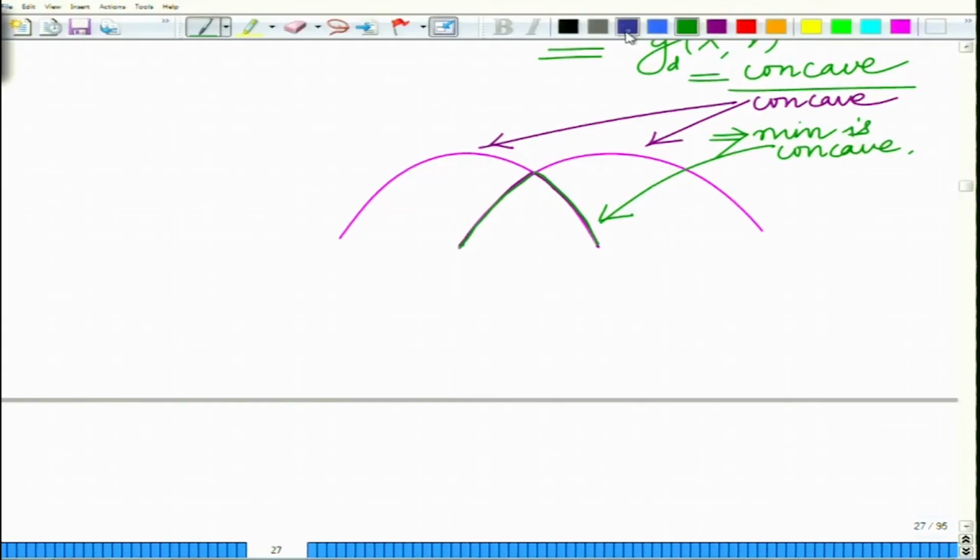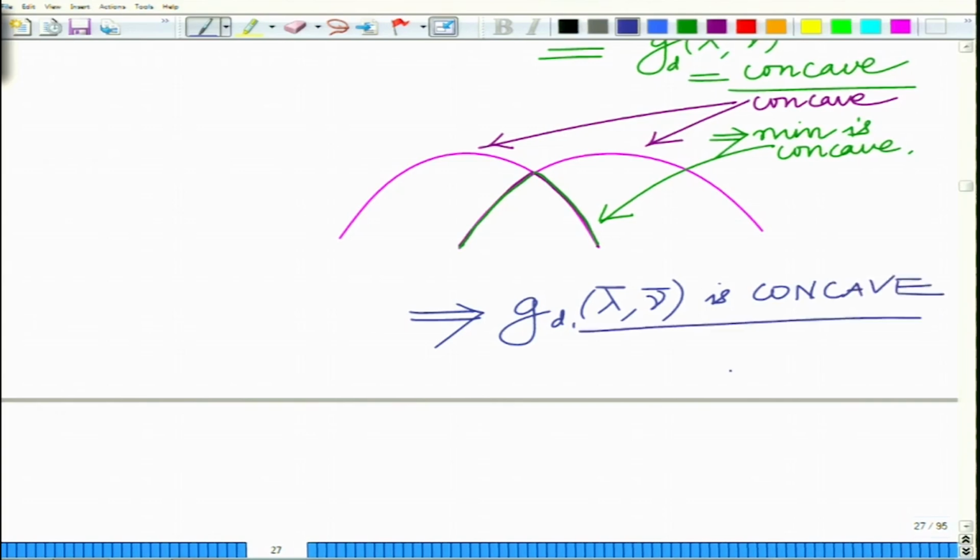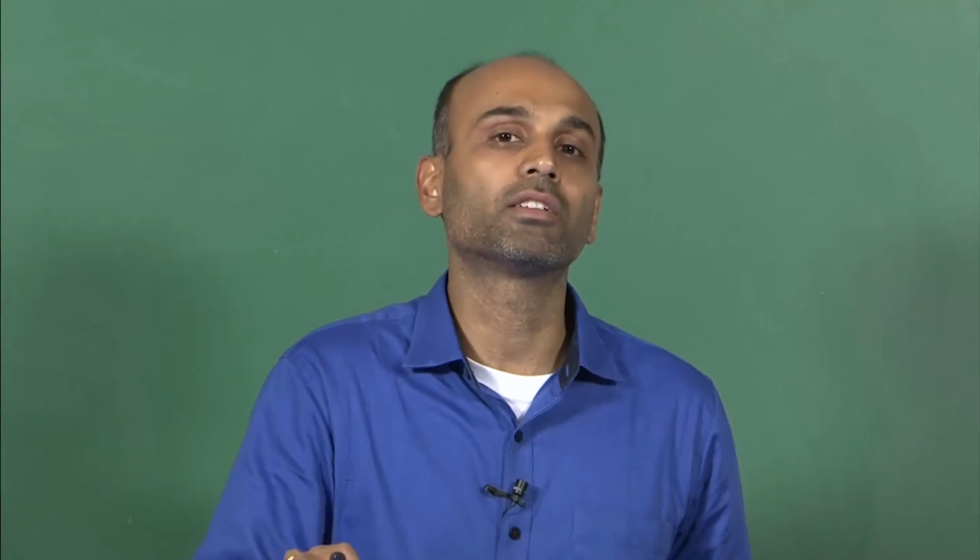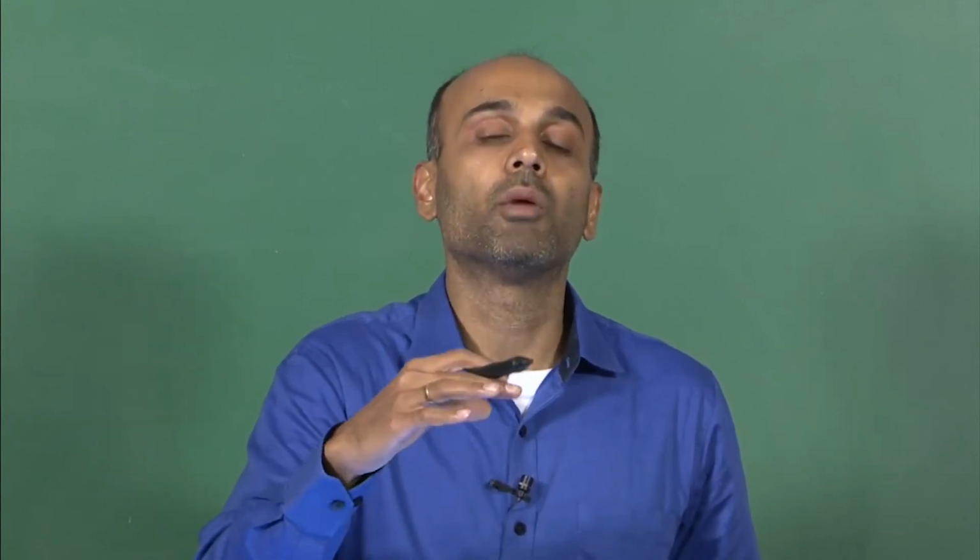That is an important point, and again I am belaboring it. g D is concave, and this holds true even when the original problem is not necessarily convex, and that is a big advantage, because we are going to see that one can convert a possibly non-convex optimization problem into a concave, or equivalent convex, problem.